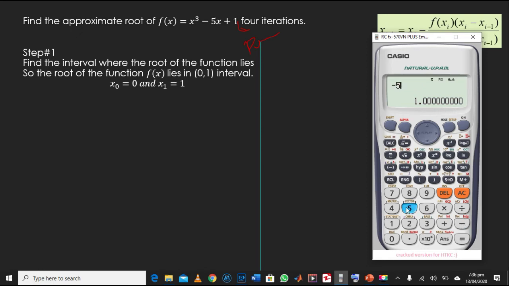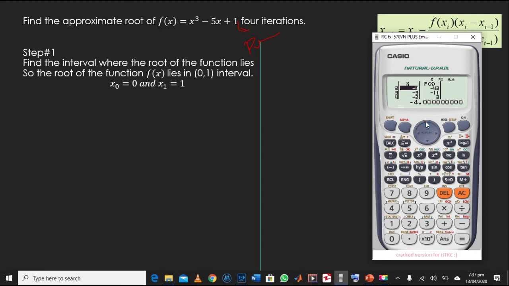I will write minus 5, to start my table from minus 5 up to 5, and the step size will be 1. So I will get the function values at different values of x from minus 5 up to 5 by fixing the step size 1.